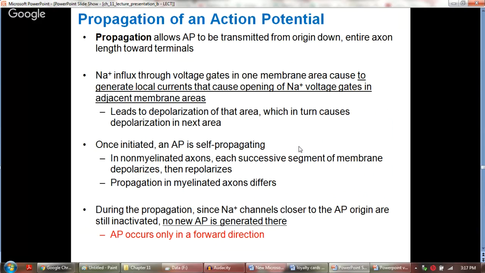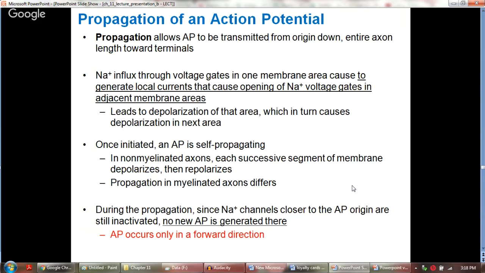In non-myelinated axons, where there are no Schwann cells wrapping around the axon, each successive segment of the membrane depolarizes and then repolarizes. But propagation in myelinated axons differs, in that it happens at the nodes of Ranvier, the gaps in the myelin sheath, not all along the axon, which is why action potential propagation is much faster in myelinated fibers than in non-myelinated ones.